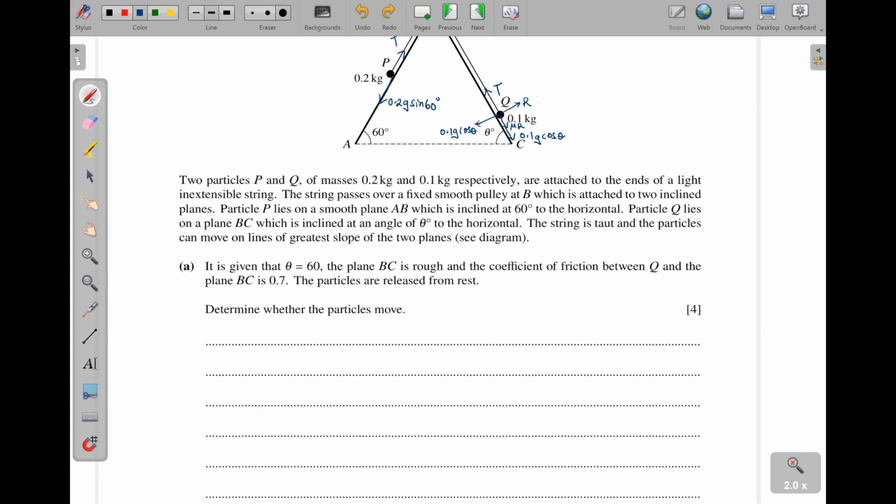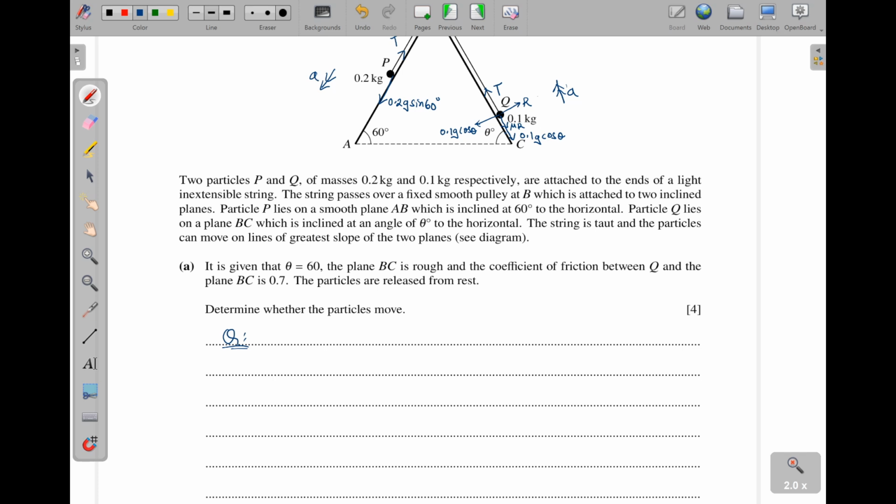Now let's look at the forces acting on Q. Since Q is 0.1 kilograms, it is expected to move up, because it is lighter than P, so we expect P to move downwards.